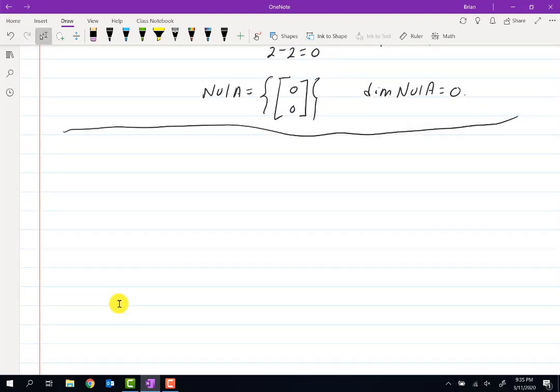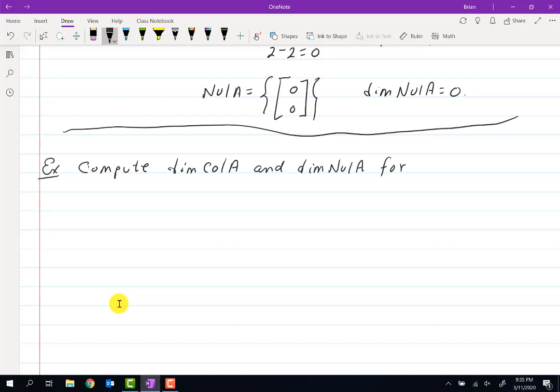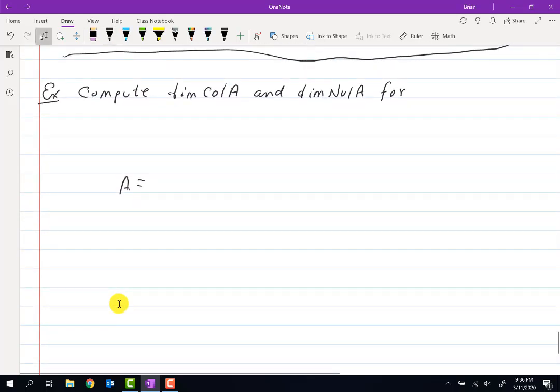A little more robust example, but the same idea. Let's compute dim col A and dim null A for this very large matrix. Let me see, it's a 4 by 6.